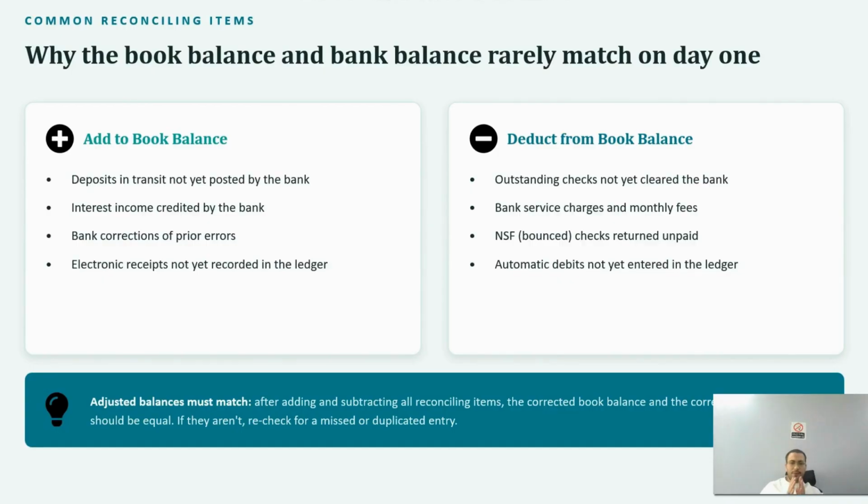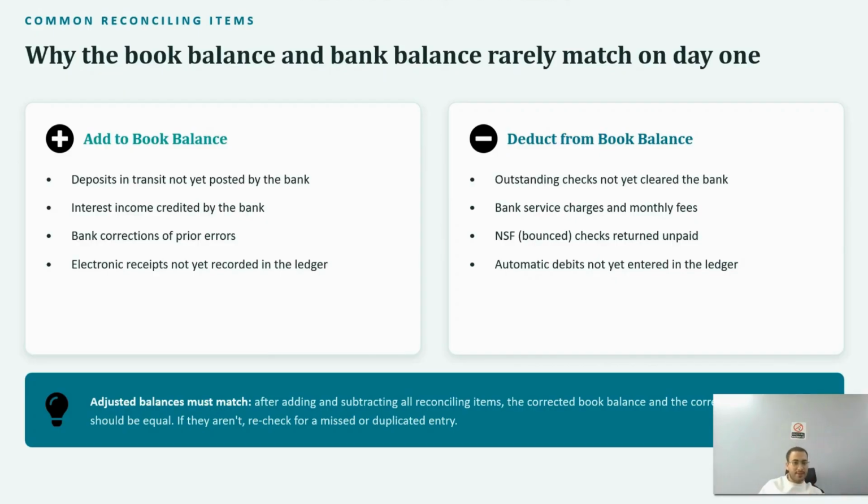Then, regarding the deductions, what we need to deduct to reconcile, adjust, and balance: we have outstanding checks not yet cleared by the bank. Second is bank service charges and monthly fees.